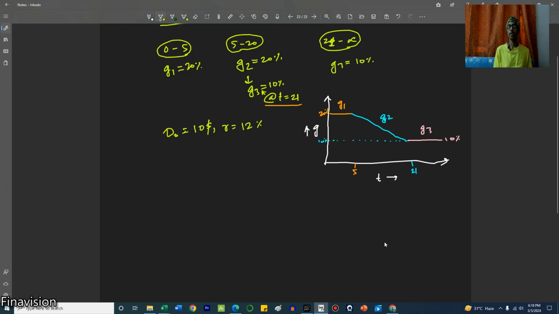Okay. So what we can do is, till here we can apply the normal calculations of present values, and from here we can apply the H model. Till here it is present value model, from here it can be the H model. So let us look at the first stage, stage 1.